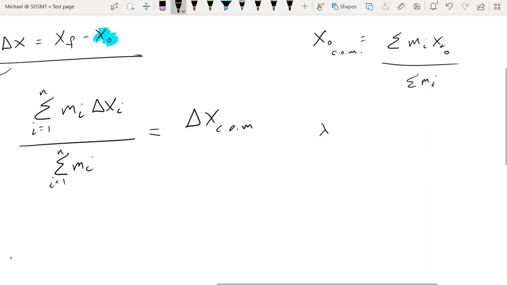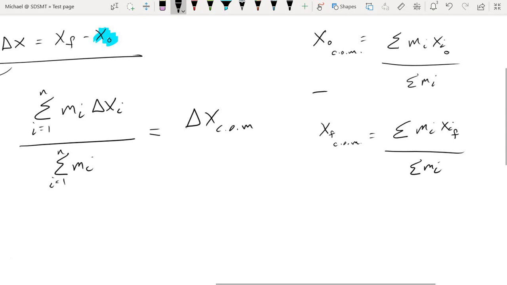And the final center of mass location will be dependent on where each of the masses finally ends up. And then we can take the difference in the two.